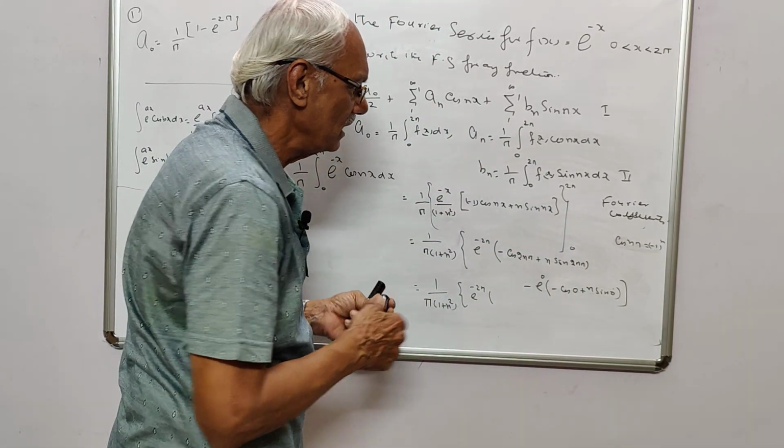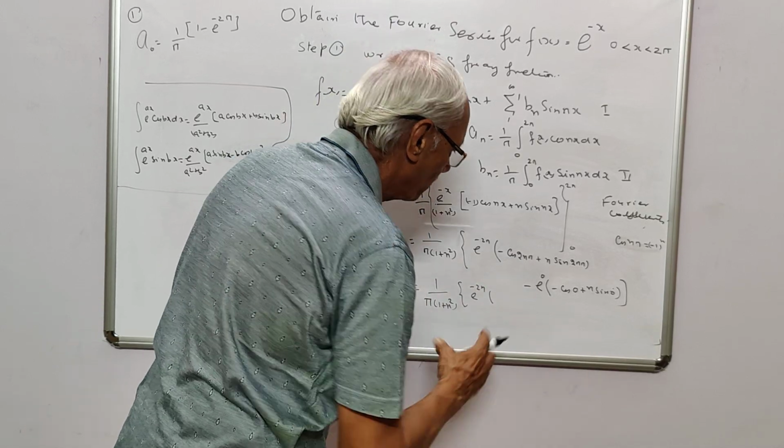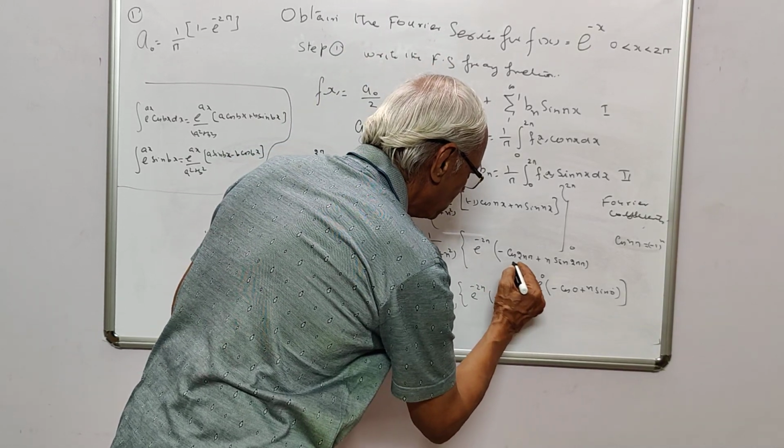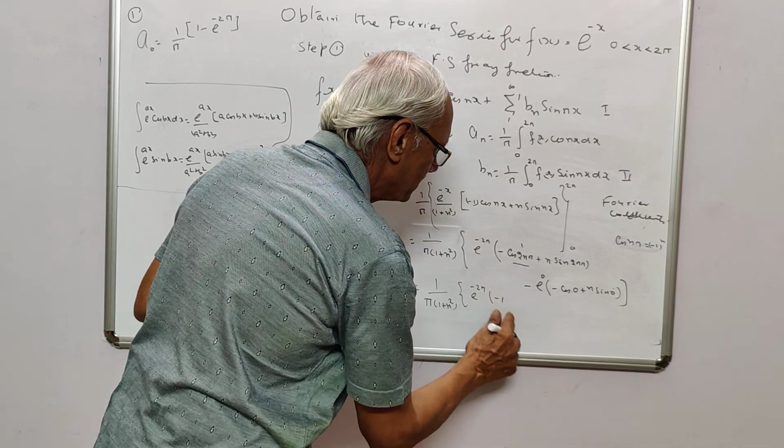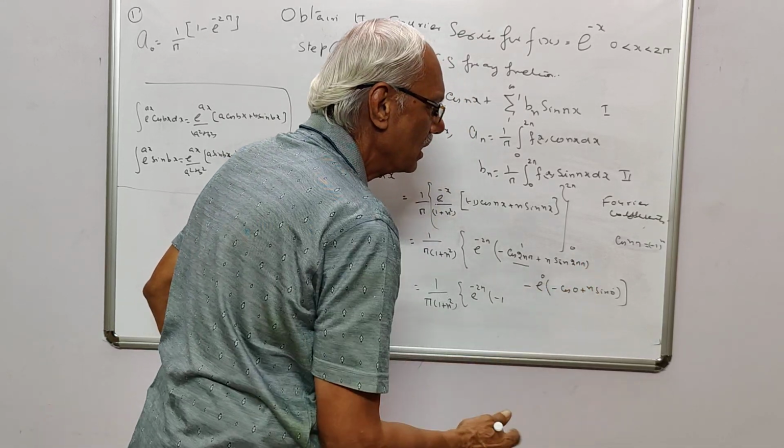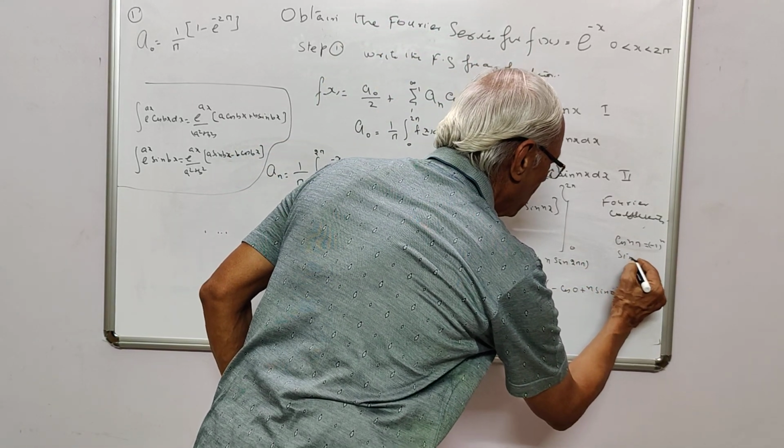So what will you get? So this is plus 1, so it is minus 1. And sin 2n pi is 0.